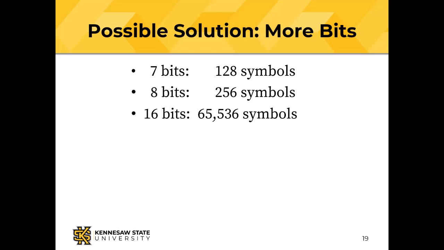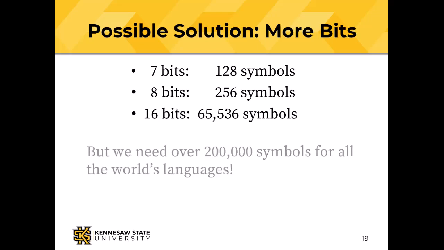ASCII is 7 bits, 128 symbols. With 8-bit byte addressable computers, including the ISO 8859 code set, we got 256 symbols. If I use 2 bytes, 16 bits, I get 65,536 symbols. But if I were going to cover all the world's languages, I would need over 200,000 symbols.